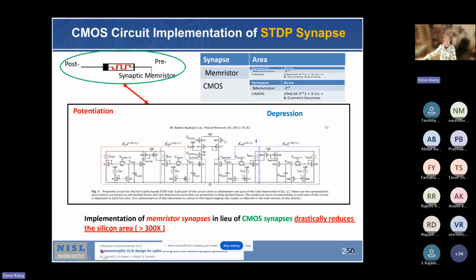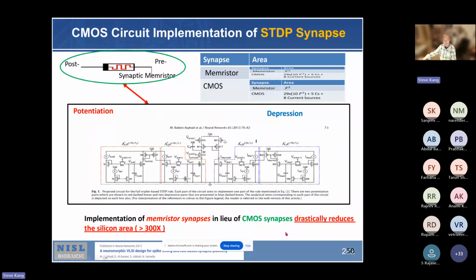So if you do that, implementation of a memristor synapse in lieu of a very complex CMOS synapse, if you replace the whole thing by one memristor, this is not really accurate, but nevertheless a good approximation. Imagine using this one in the neural network, how complex that can be for a synapse. So it's making sense to use a memristor.